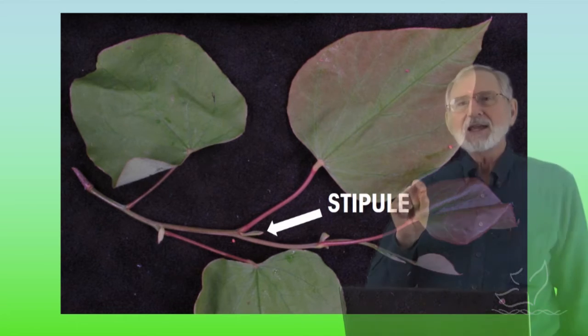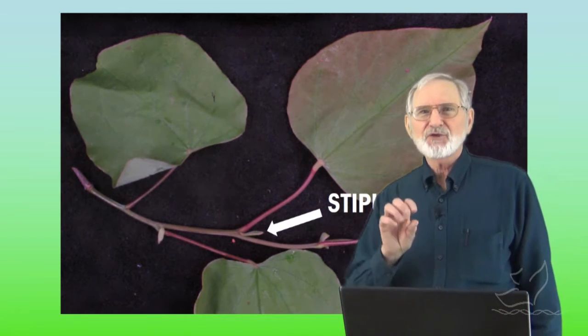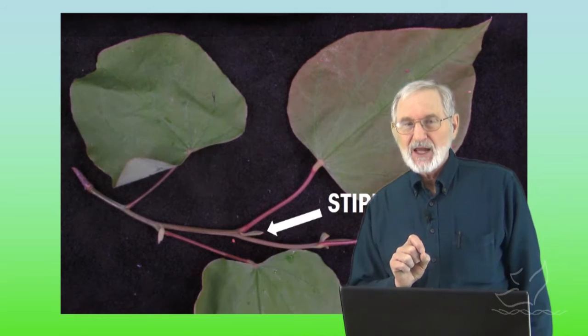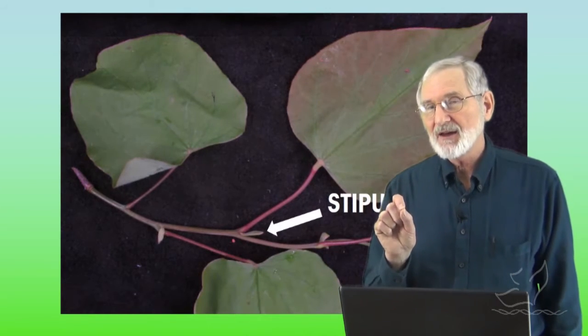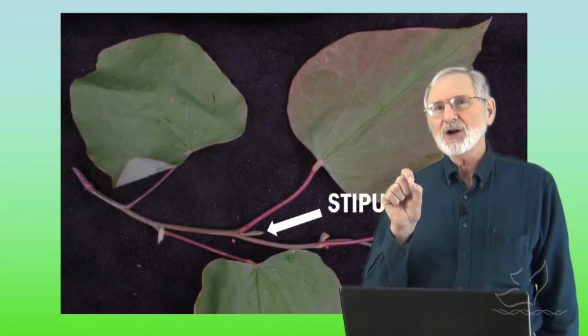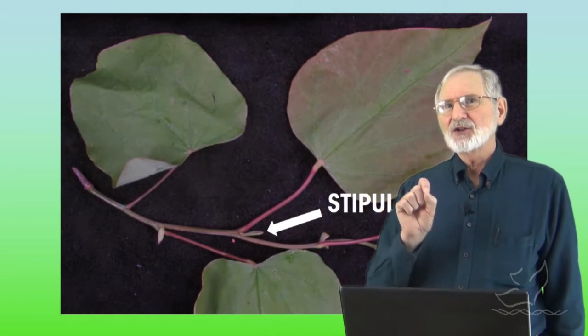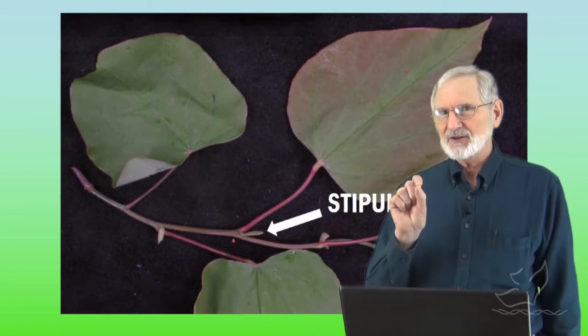Now, in trying to determine what structure is really a leaf, because remember we're going to have what are called compound leaves that look like a branch with leaves on it, but it's actually a single leaf.